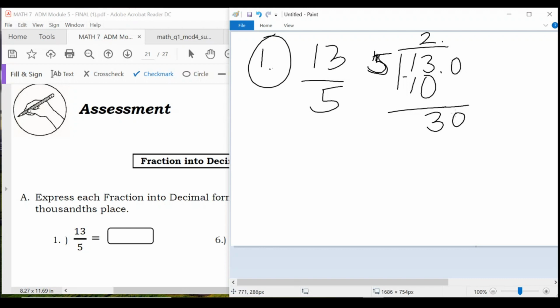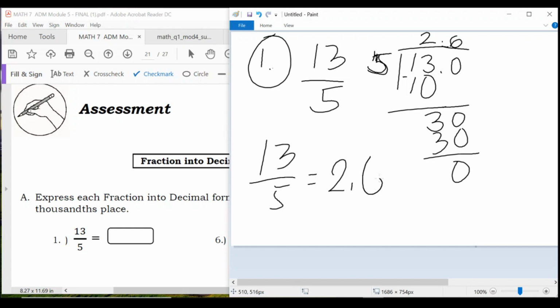So we now have 30 divided by 5. That is 6. So 6 times 5 is 30. So we have 0. So our answer for number 1, 13 over 5 is equal to 2.6. So ganun lang po kadali class ang pag-convert ng fraction into decimal.